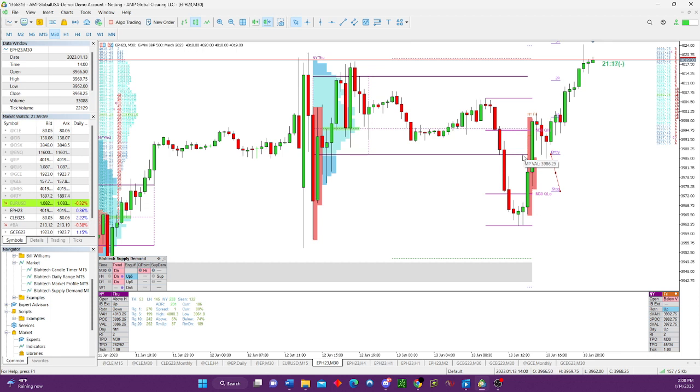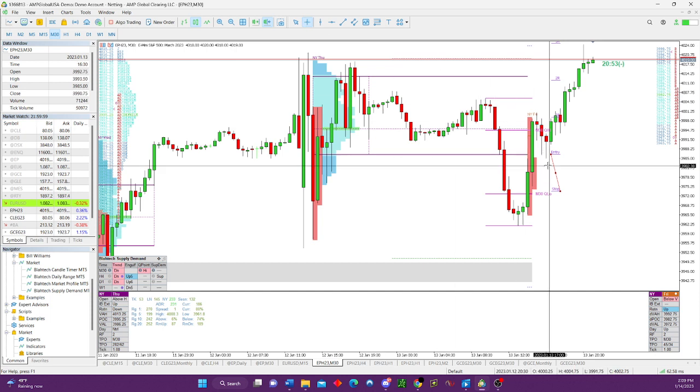With value acceptance, you are expecting the price to rotate from the value area low all the way through to the value area high. You just expect a full value rotation from one side to the other. It can happen really quick, or it can take all day, just like it did this trade.